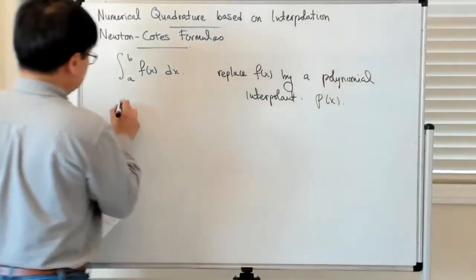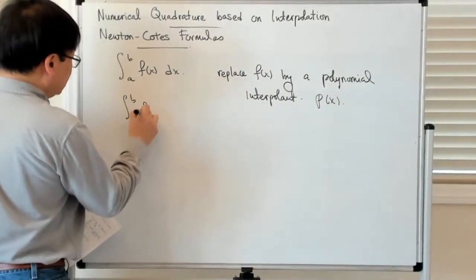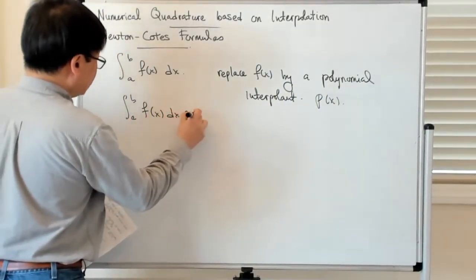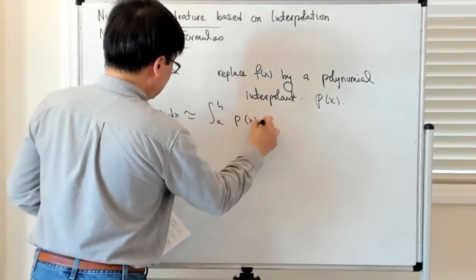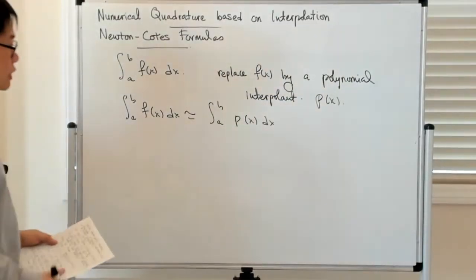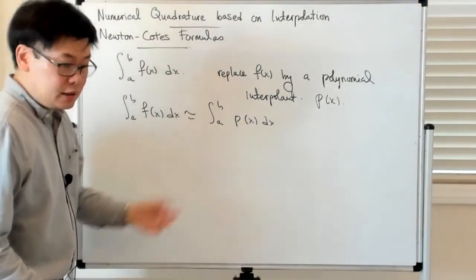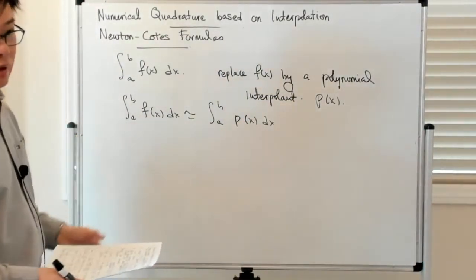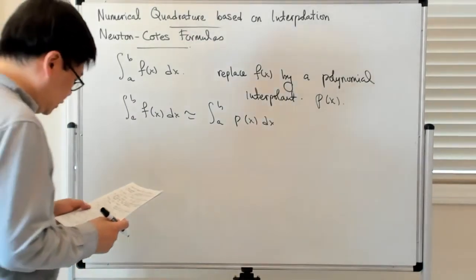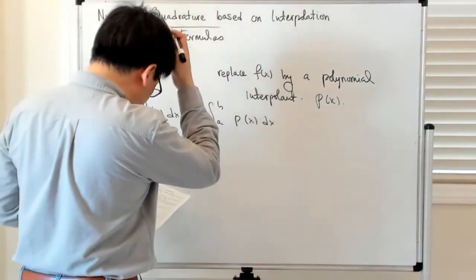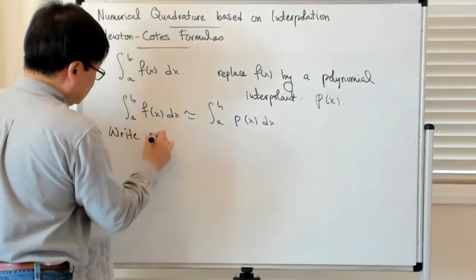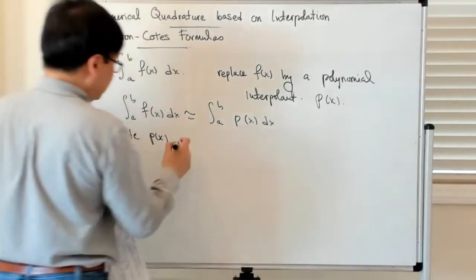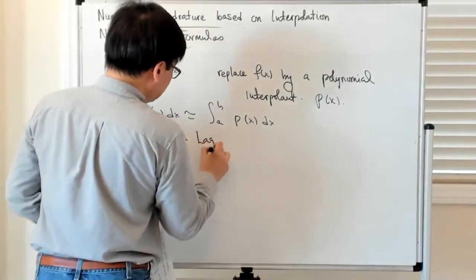So the integral from a to b of f of x is approximately the integral from a to b of p of x dx. The reason that's important is that the integrals of polynomials can be analytically computed. So you write p of x, the interpolating polynomial, in Lagrange form, which I talked about.